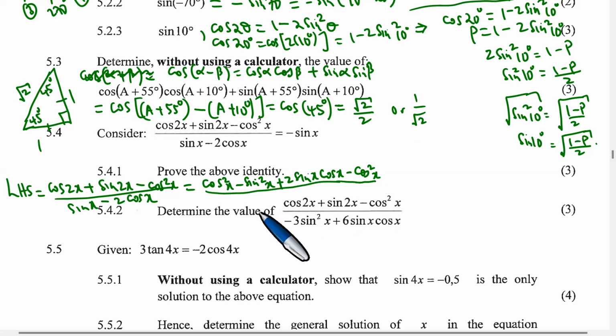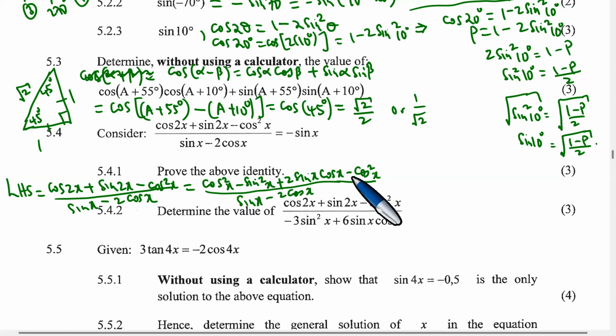So in the end, what does this give us? The denominator can be written as it is, sine x minus 2 cosine x. Right. So cosine squared and cosine squared cancel out.